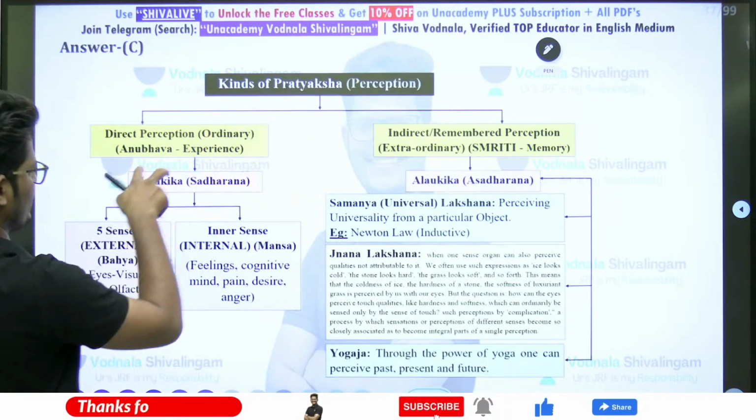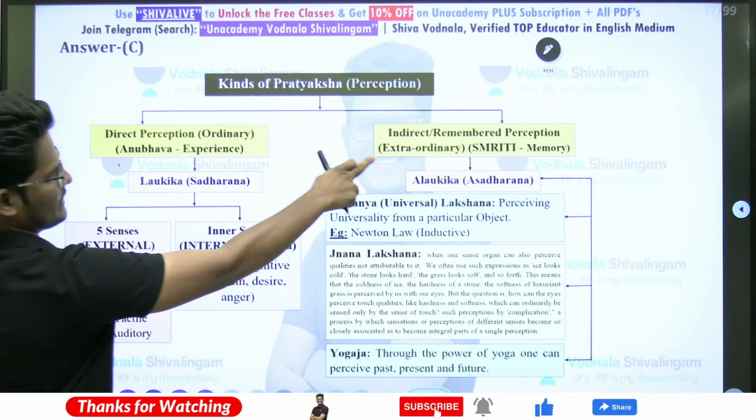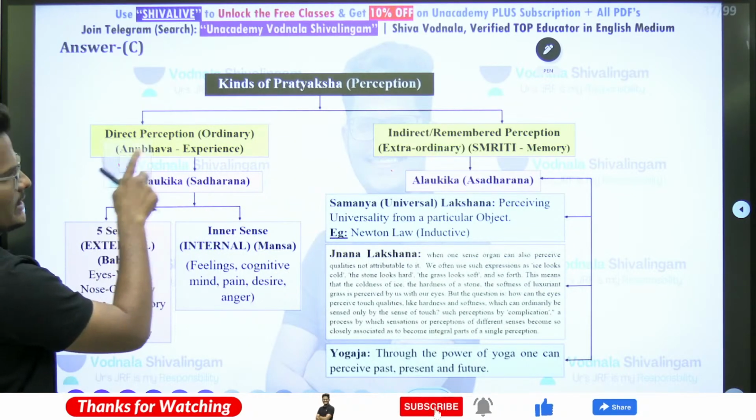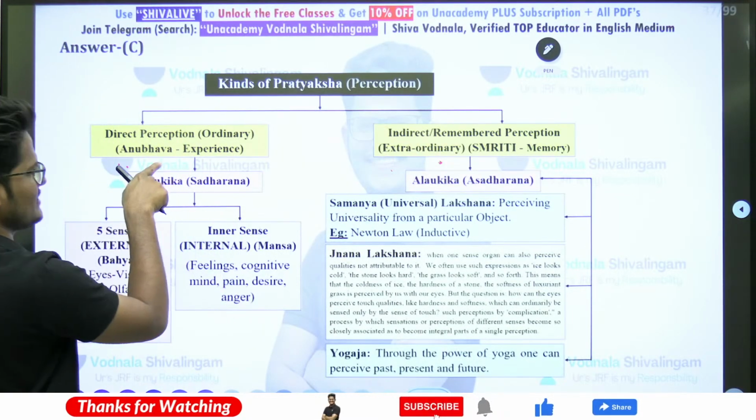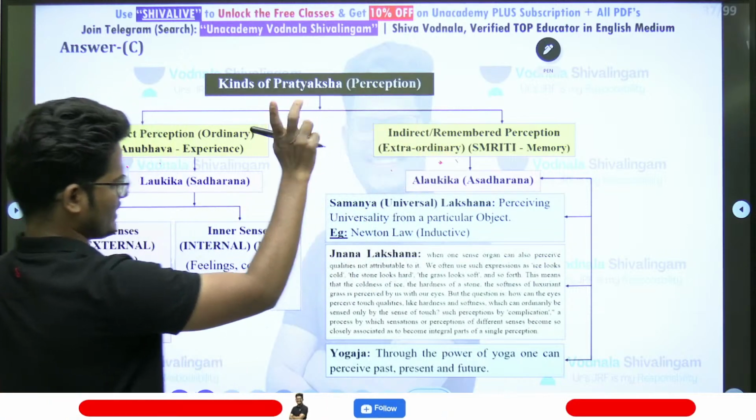There are two kinds of Pratyaksha, direct and indirect. Direct is ordinary, indirect is extraordinary. Direct is by experience, indirect is by smriti or memory.